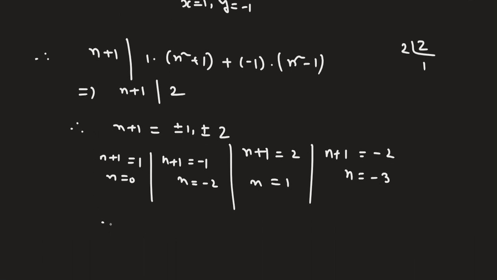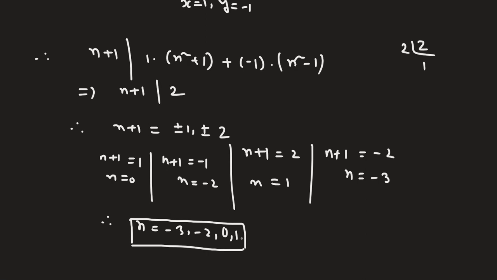So we can say that n is equal to minus 3, minus 2, 0 and 1. Write in the ascending order. So these are the possible values of n for which the given expression is divisible.